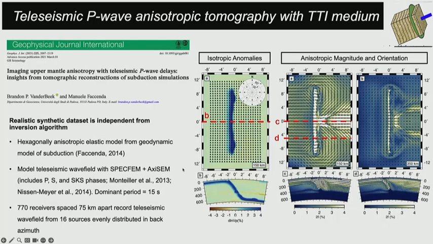And so for testing this methodology, we have used a geodynamic model of subduction, where we have computed the elastic properties, which depend on temperature and pressure. Here you can see that the isotropic velocity anomaly is due only to the cold temperature anomaly associated with the slab, and that's why we get this fast anomaly here.